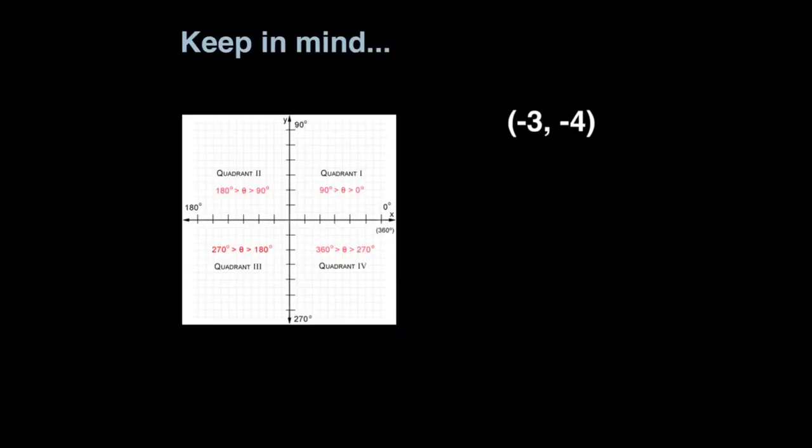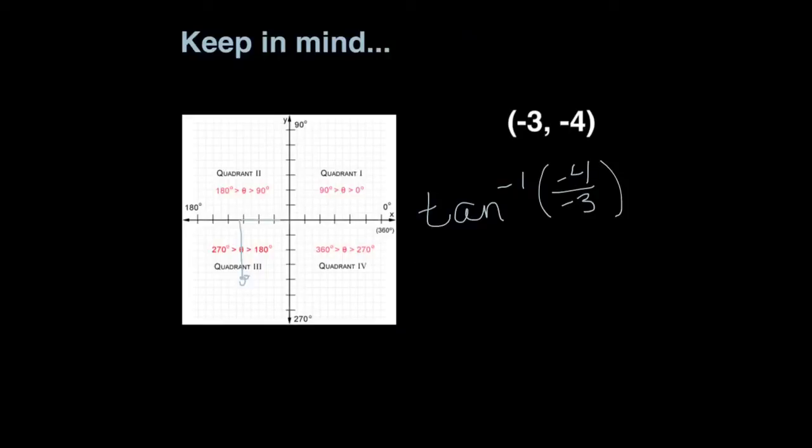So one thing that I want you to keep in mind is that if we're given points that are in other quadrants, let's say I take the point -3, negative 4, if I take the inverse tangent of that, like I just did, your calculator is going to take a negative divided by a negative.